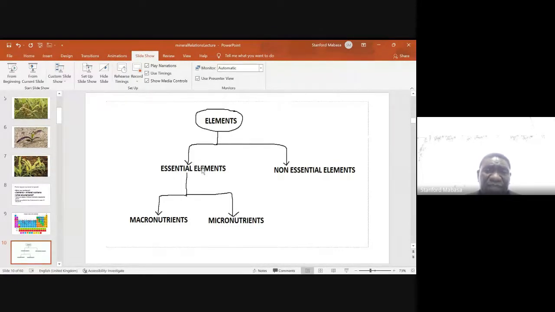We will focus our minds on the essential elements, which we will divide into two groups, where we have macronutrients and micronutrients. Macronutrients are taken up by the plants in large quantities compared to micronutrients, where we only need just traces of these elements to cause probably biochemical reactions in the plants, resulting in plant growth or fruit formation.